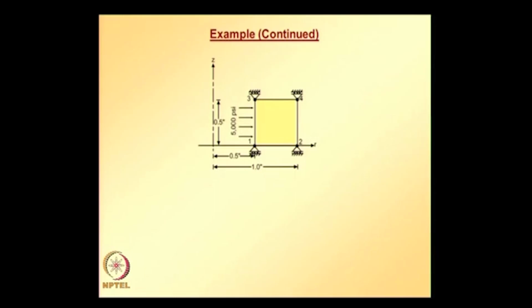Before we do that, we need to note that traction is applied along only one side joining global nodes 3 and 1, and global node 3 corresponds to local node 4 and global node 1 corresponds to local node 1.